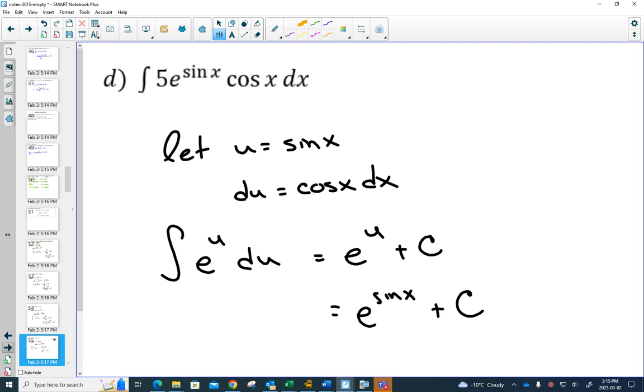No, I made a mistake. I forgot a negative, right? Or no? Now I'm going, no, because the derivative of sine is cosine. I'm good. Or did I? Oh, where's the 5? That's easy to fix. There. The 5 would be.